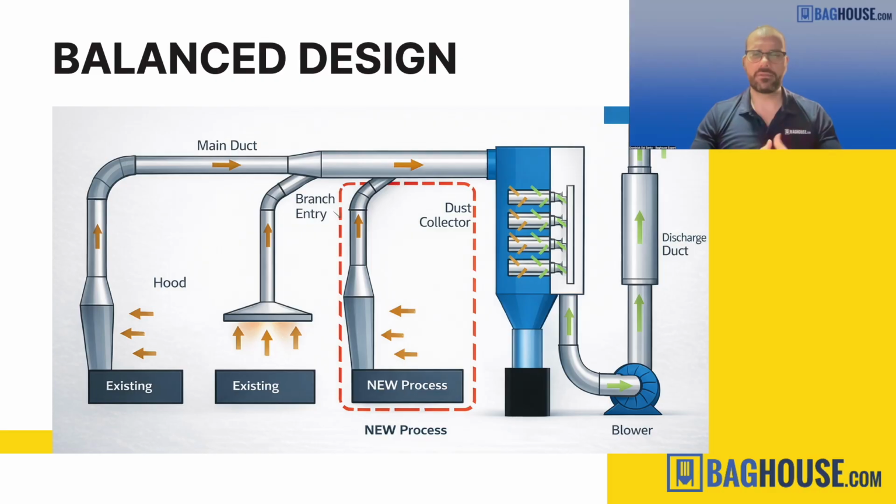So if we say, for example, that first duct is a 6-inch duct, it needs 885 CFM of air. And let's say that next one now is a 4-inch duct. It needs about 395, sorry, that's our 4-inch duct.